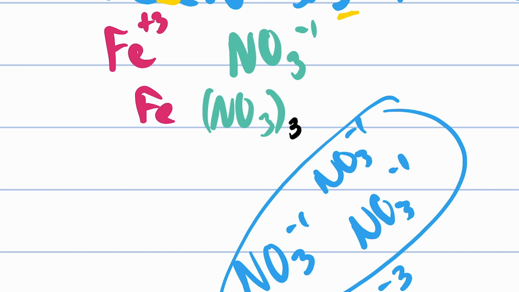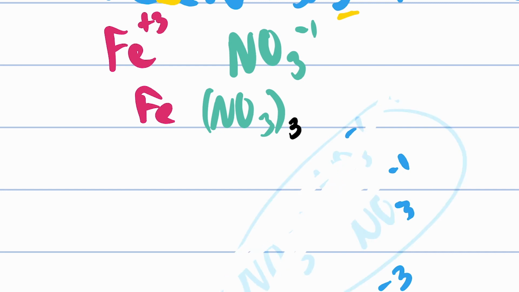So that's another way that you could think about it. 1 +3 iron will cross out 3 -1 nitrates. Okay? So you could think of it whatever makes the most sense for you. I think the fastest way for me personally is just to cross down the numbers.